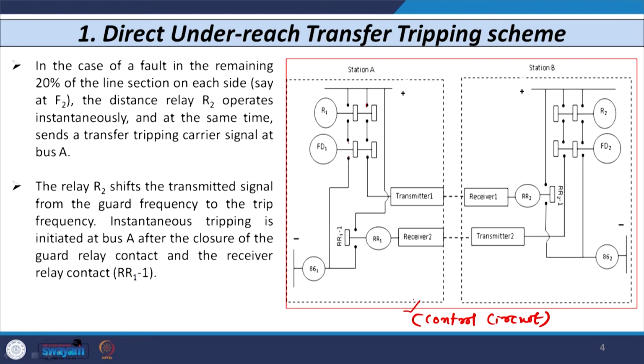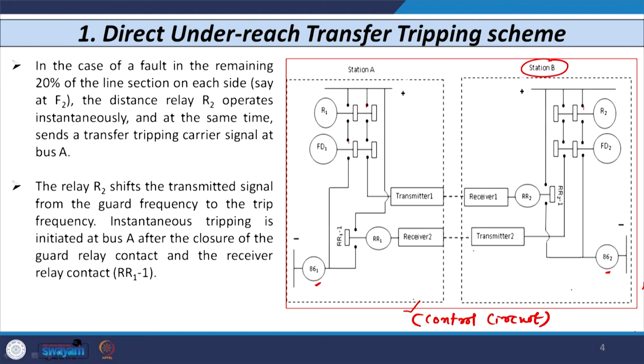So, these 2 contacts also close. In the same way, on the other bus station B, the R2 relay detects the same fault at F1 in the first zone, so these 2 close. Again, fault detector 2 also detects the fault, so these 2 also close. Hence the direct tripping is initiated and the coil of auxiliary relay 86-1 and 86-2 is energized at both buses. This tripping is known as instantaneous tripping.